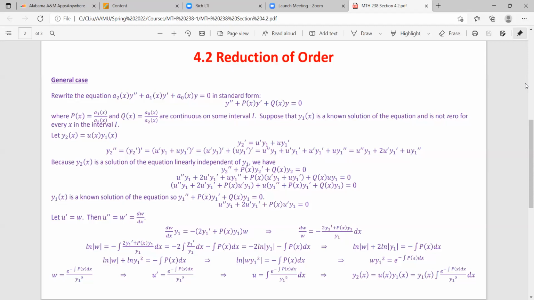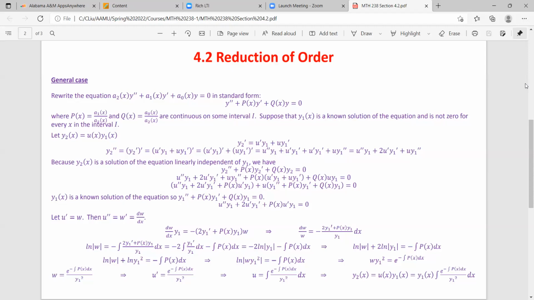So it turns out that we can write the second solution y2, which we don't know, as some function u times y1, which we already found. Then we can use that substitution in the differential equation and change the problem into a linear differential equation of first order.